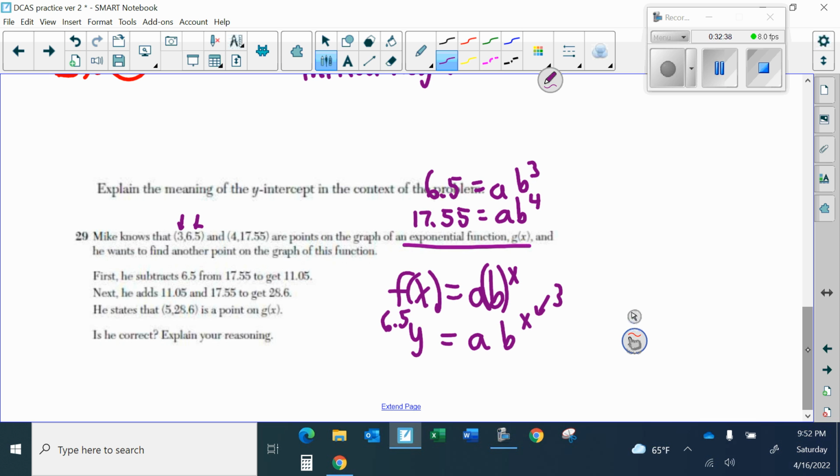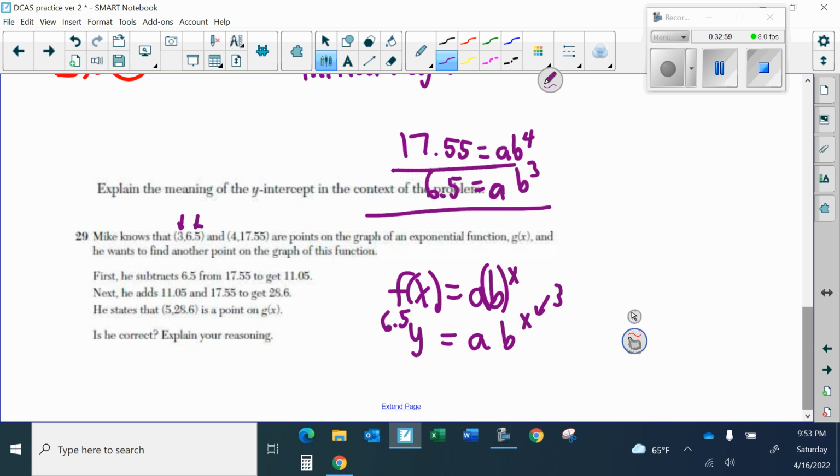Well, notice a is the same, so they're going to cancel out. What I can do is just divide straight down. So if I put it in the reverse order, 17.55 equals a times b to the fourth, I just put the highest exponent on the top. I can actually do a division. The a's cancel out, and then b to the fourth divided by b cubed is just b itself. And then I'd have 17.55 divided by 6.5.